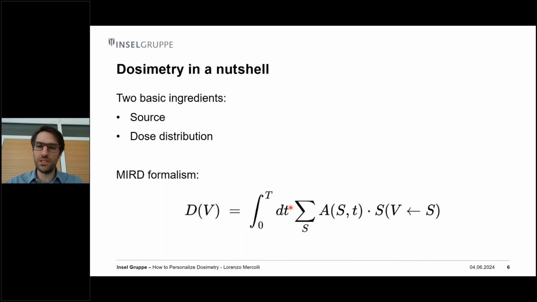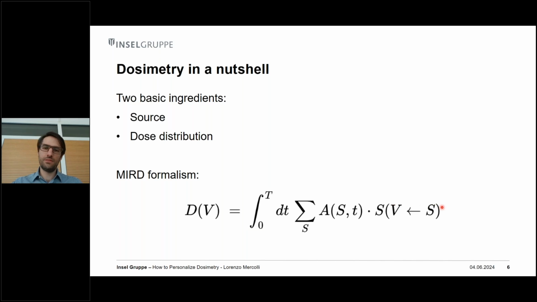And so we need to integrate over the time that the source, so this is the activity contained in a certain source volume S, and then we sum over all possible sources. And then we have this S value here, which is nothing but the dose that is generated in the volume V from the source S.